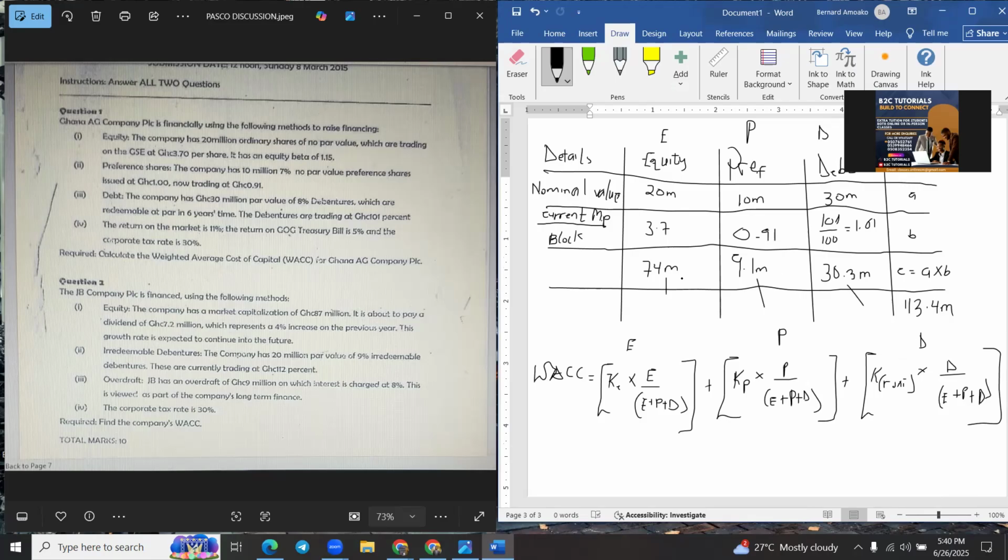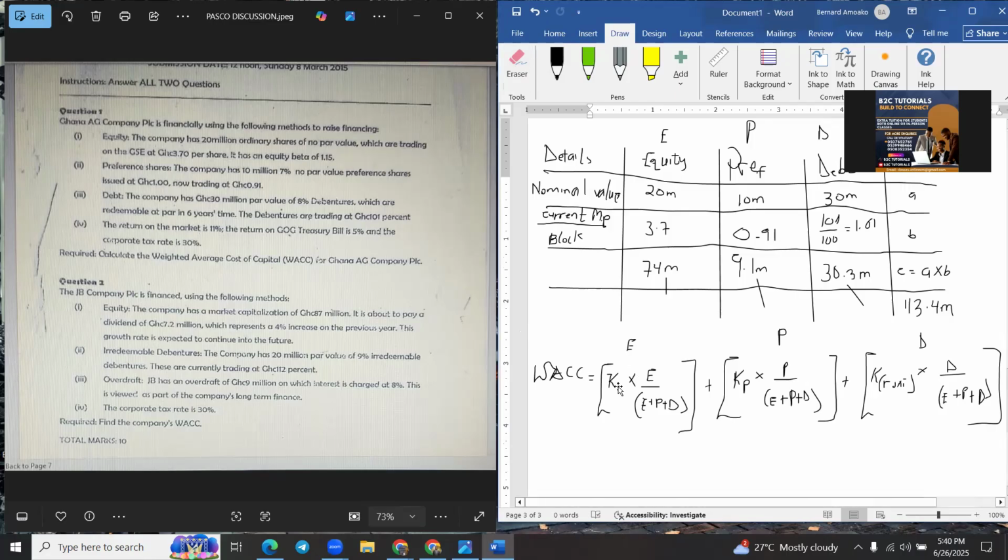Now, when we added all of them, we had 113.4, and that is the denominator. So you are just left to go and pick their cost of capital that you solved, and then multiply them by 74 divided by the total of 113.4. So let us do that together and know what we are looking out for.